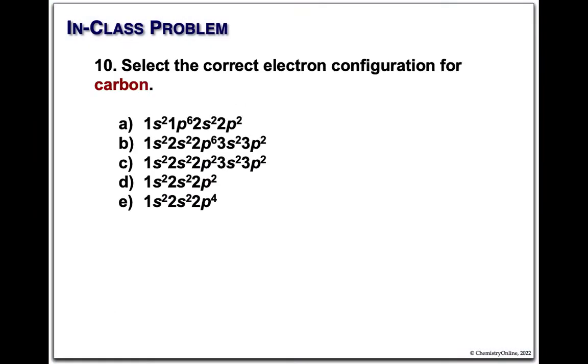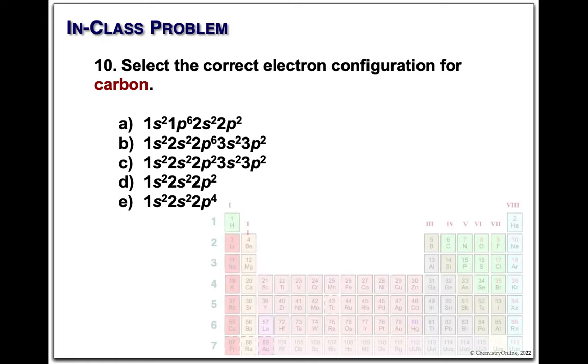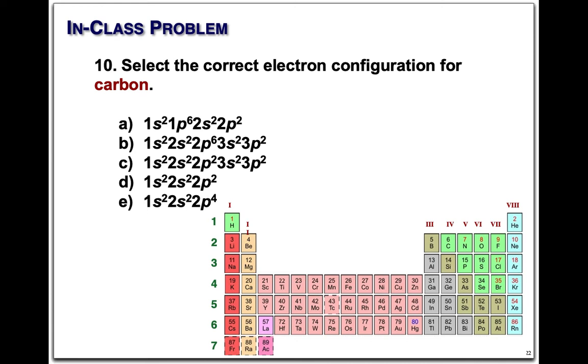All right, everyone loves electron configuration also, because even though it sounds so very advanced, it really is simple. We just put this in the context of the periodic table. We're looking for carbon. Carbon is here in the second period.